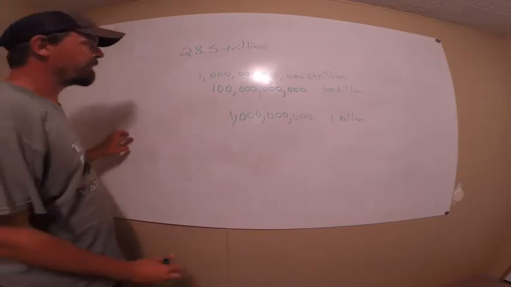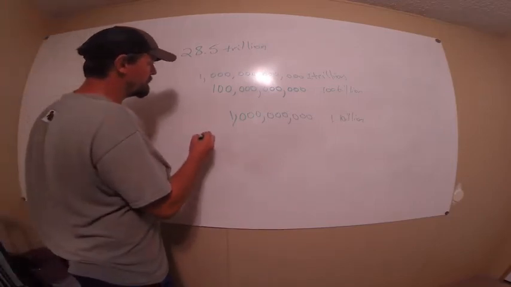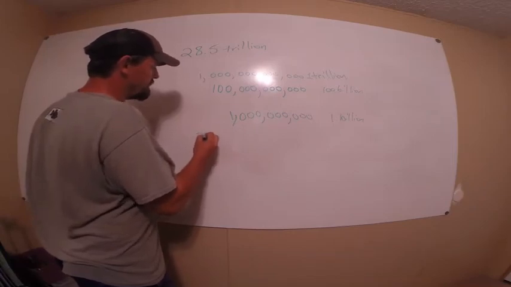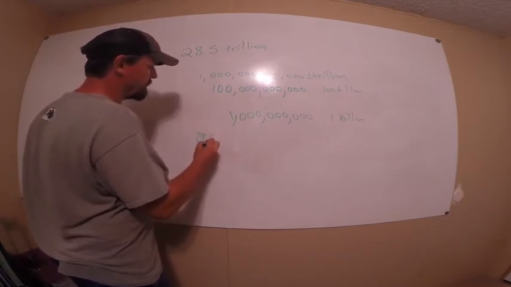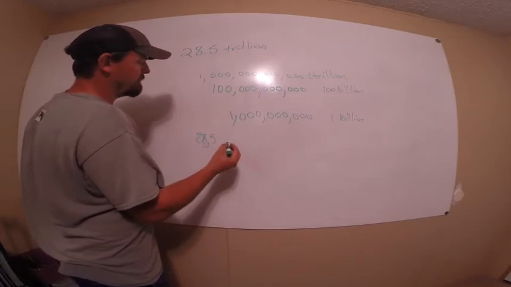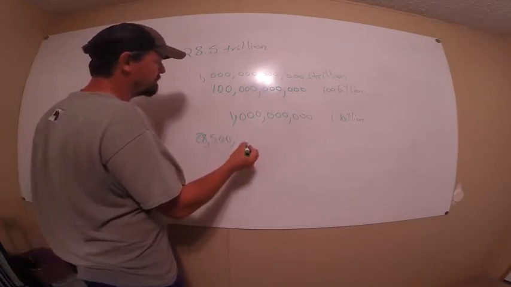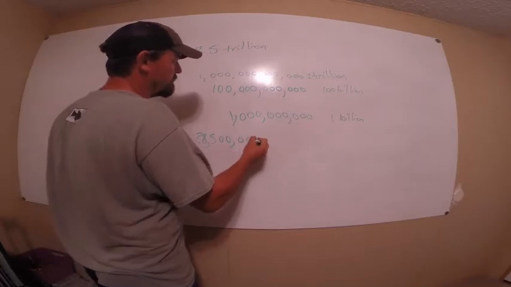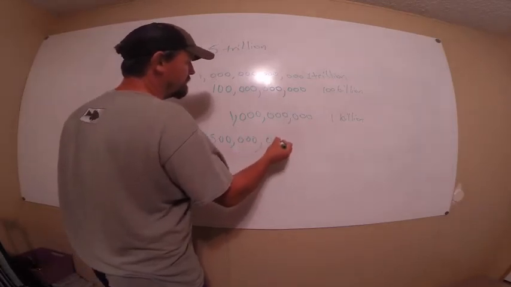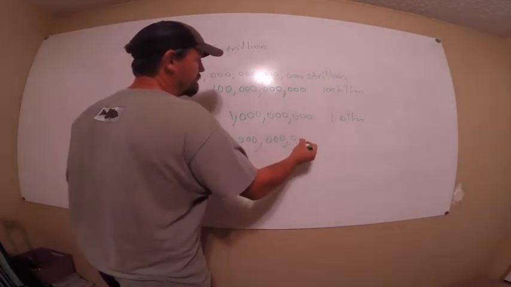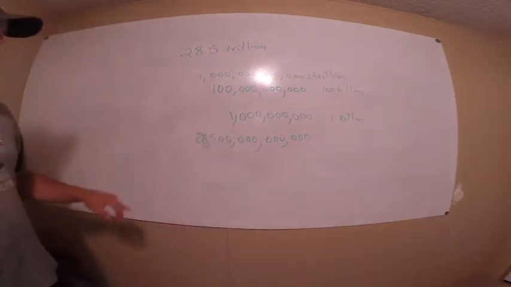So we write 28.5. That point's going to become a comma. So we got 0, 0, comma, 0, 0, 0, comma, 0, 0, 0, comma, 0, 0, 0. Right?